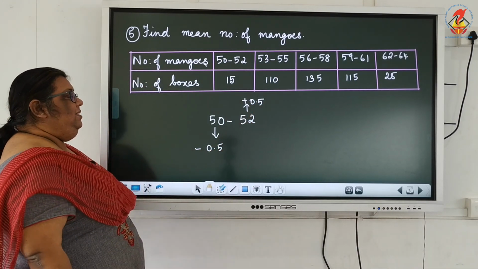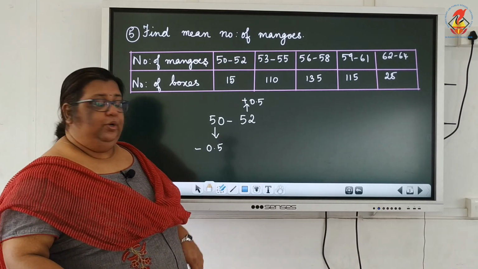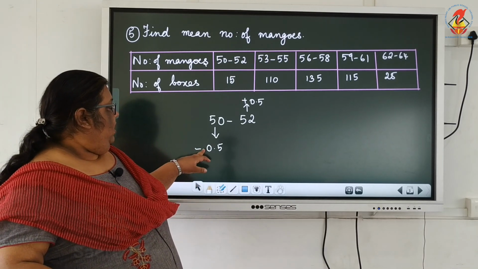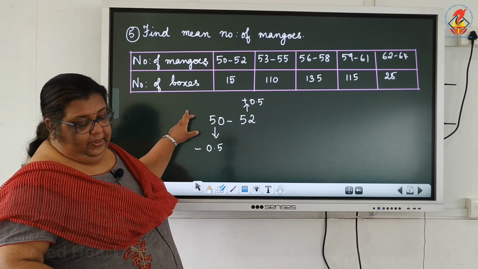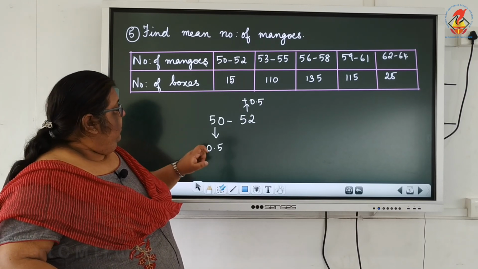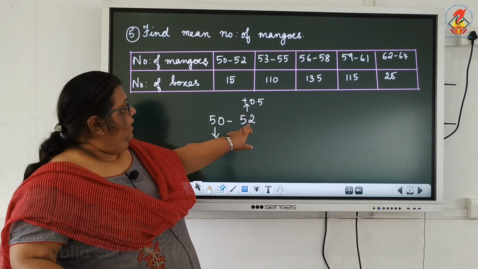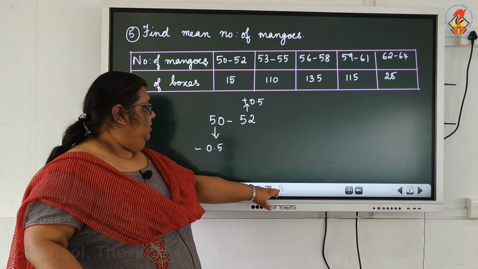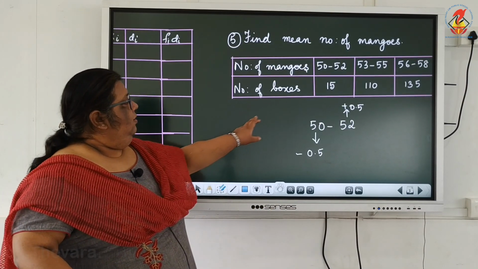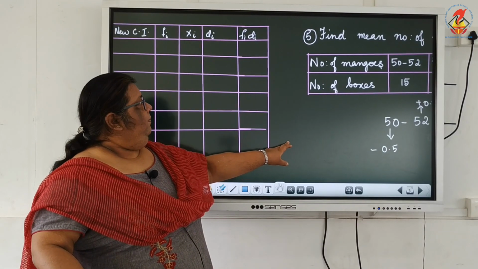To make the class intervals continuous, we should subtract 0.5 from the lower limit and add 0.5 to the upper limit. Now we can do the problem.